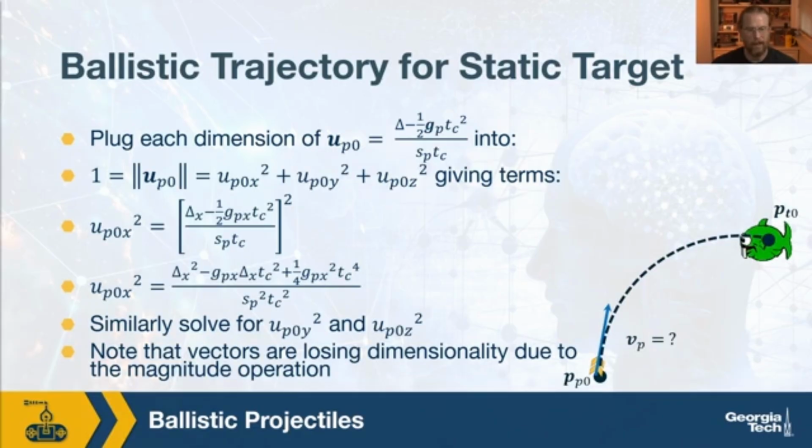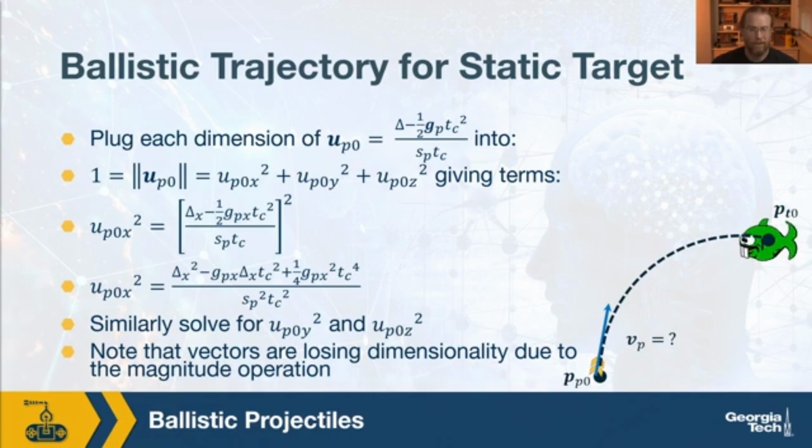So in this case, the initial launch direction squared for the x term would be the x term of the delta minus 1/2 g, the x term of that, times the time of collision squared, over speed times time of collision, and then the whole thing squared.